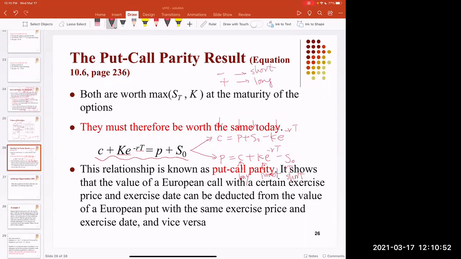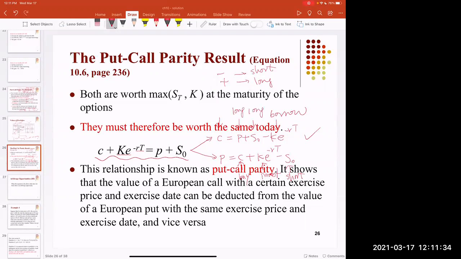So later on, we're going to talk about strategies based on put call parity. But first, you should be able to read the information like that. For example, this one, the left hand side is C, so positive C. That means you buy a call option, which is equivalent, left hand side and right hand side equal, to you buy a put and buy a share and borrow money, negative on the zero coupon bond.